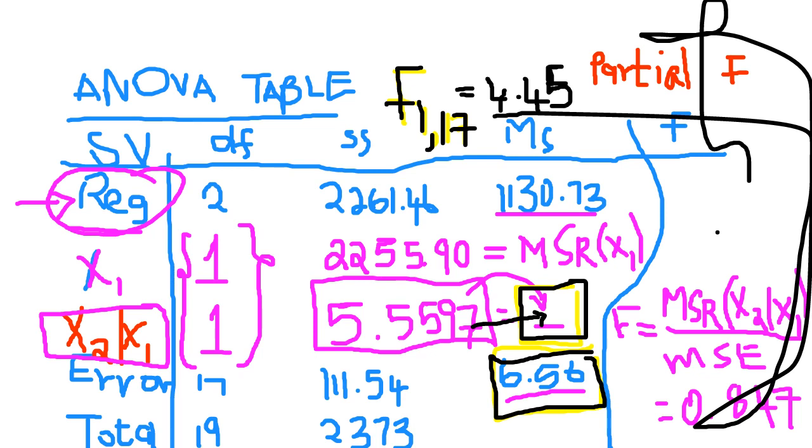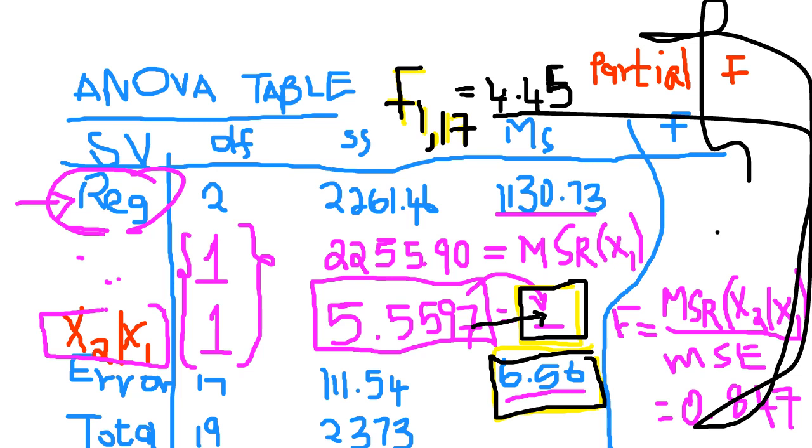Now we've tested for X2. Now we must go and test for X1. So you use the same ANOVA table. You just remove what? Now we change the information. What we're going to do now, we bring in X2. We just remove this color, the purple color.